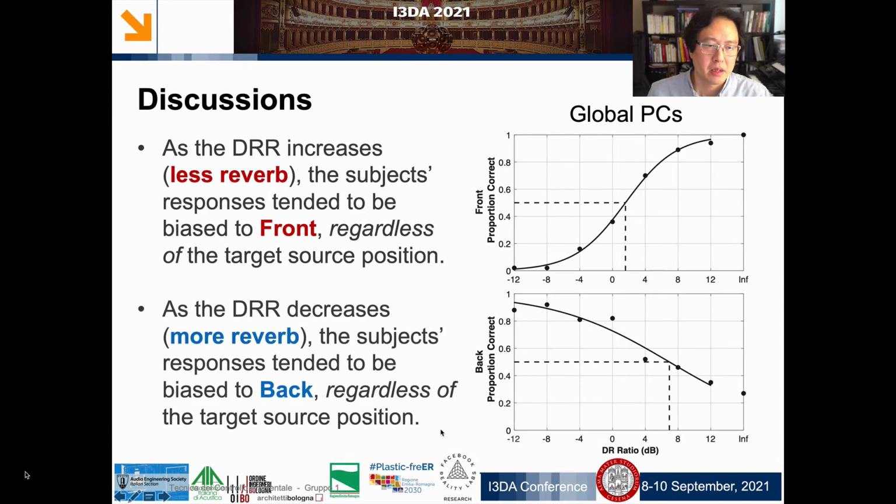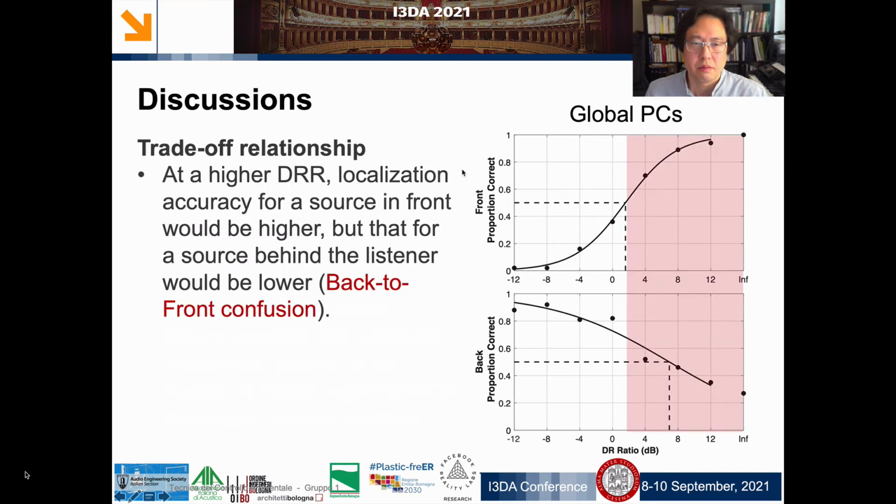Likewise, as the DRR decreases, which means more reverb, the subject's response tended to be biased to the back, regardless of the target source position. So they show the opposite pattern. We can see this trade-off relationship here.